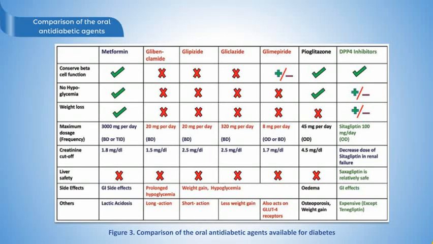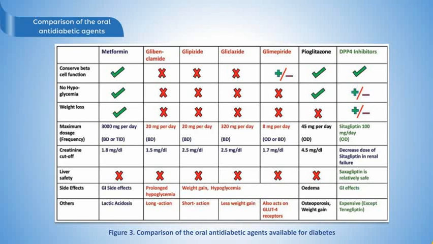The next one is DPP-4 inhibitors. It will conserve the beta cell function and may or may not cause hypoglycemia, and may or may not reduce the weight of the patient. As for the maximum dosage of DPP-4 inhibitors, for the sitagliptin, it was 100 mg per day and will be consumed by the patient once a day.